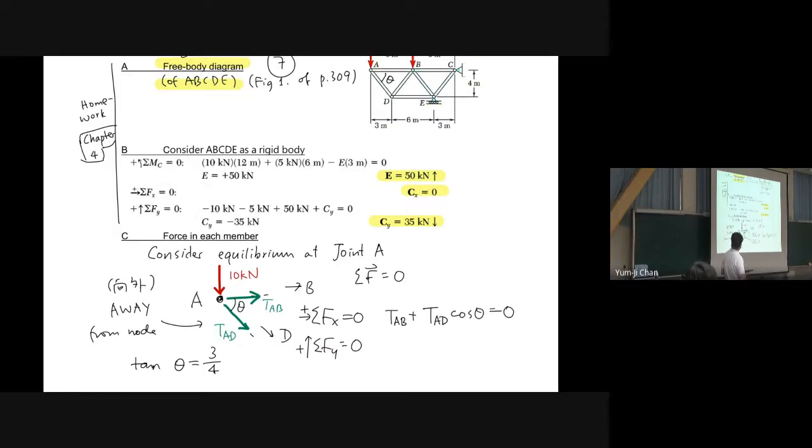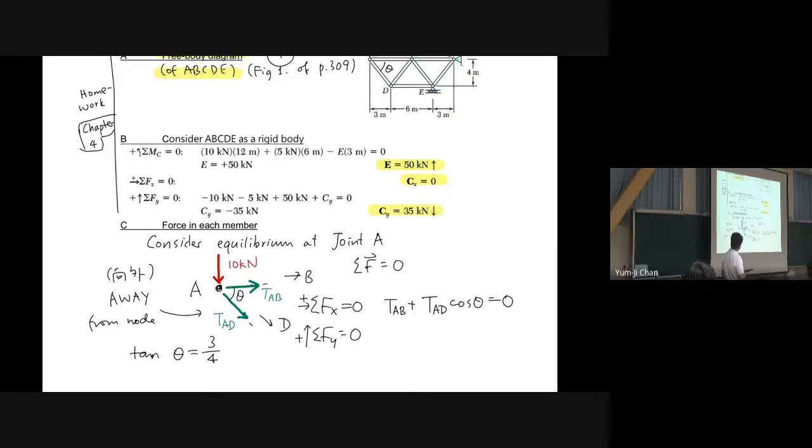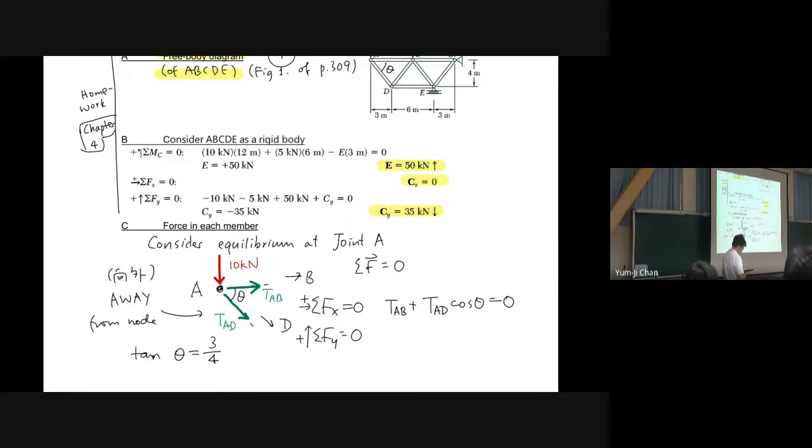Both of them are going to the right, and because we take positive to the right, we have positive and positive here.